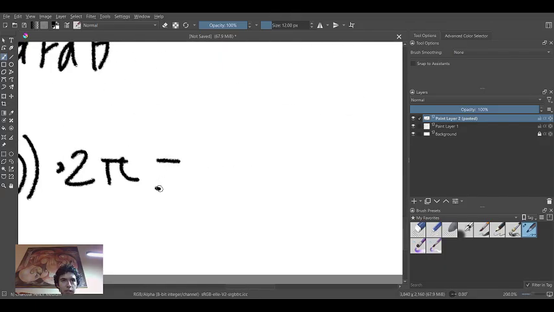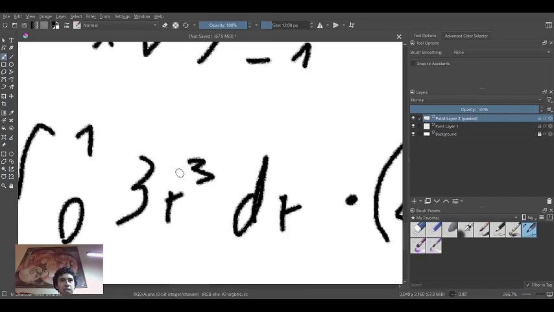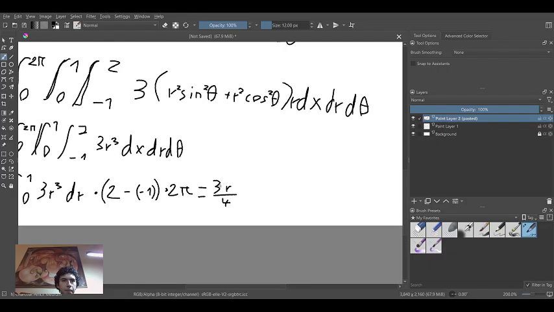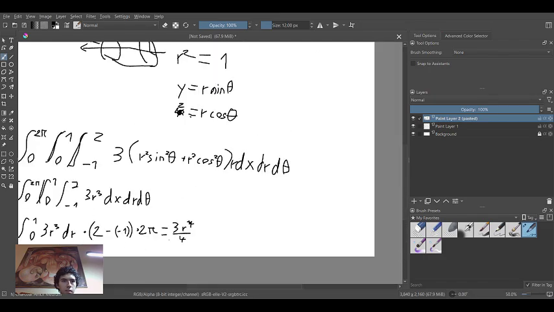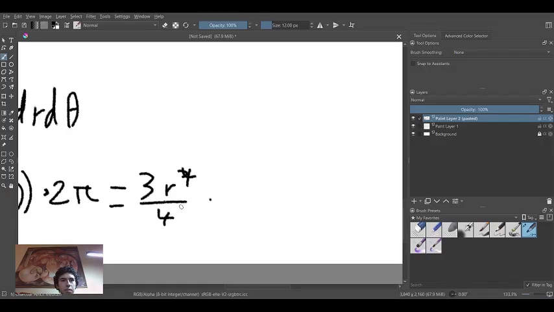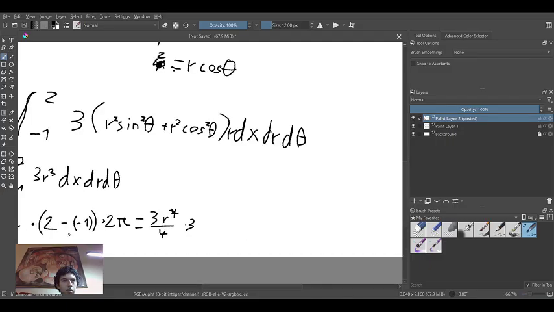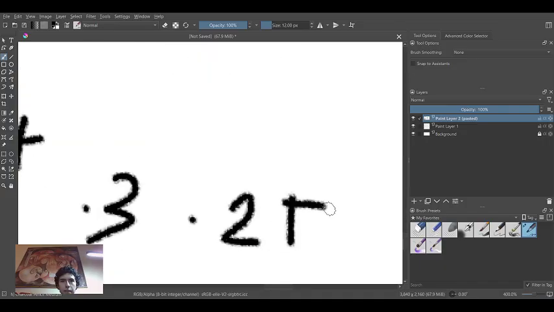And the integral of this is r to the 4th power over 4. So it's going to be 3 over 4 r to the 4th, evaluated from 0 to 1. So it's just going to be 1 times 3 times 2 pi.